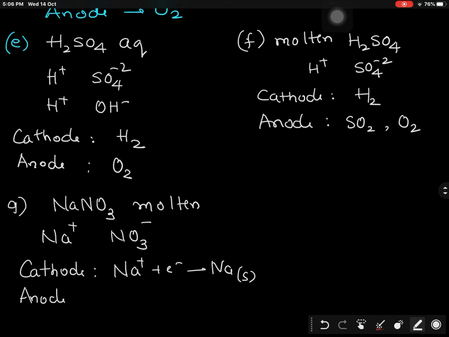And at anode, NO3 minus, right, will liberate electron, will give NO2 and O2. You understand that? Plus 2 electrons. So, whenever you electrolyze sodium nitrate or any salt which is having nitrate ion, it will produce two gases, NO2 and O2. I hope this lecture is clear to you, students.